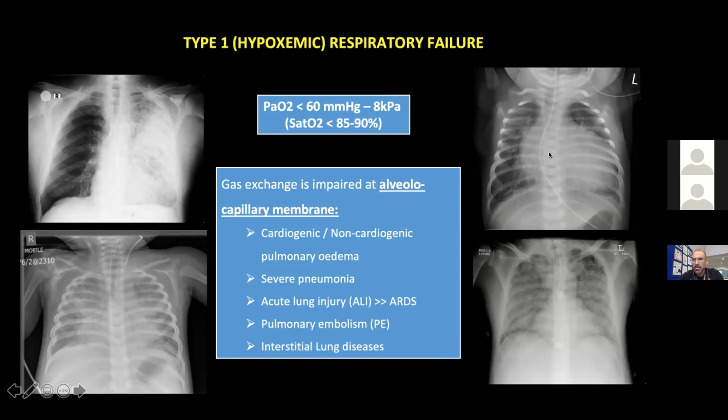On this side you will have a child with cardiomegaly and interstitial lung edema, which is pulmonary plethora. And then on this side you have a typical picture of a patient with interstitial lung disease with ground glass opacification everywhere. In all these conditions, the oxygenation is impaired at the level of the alveolo-capillary membrane.